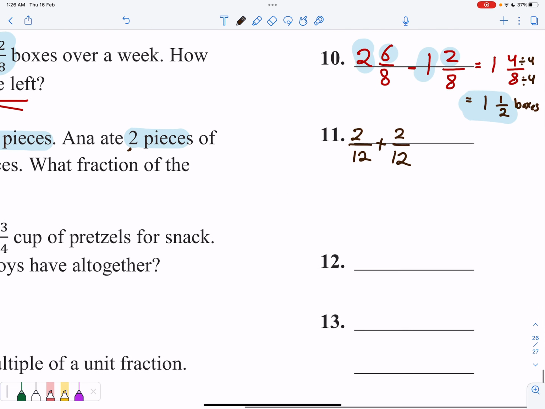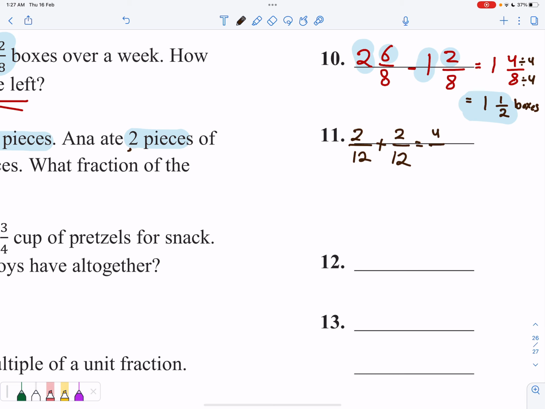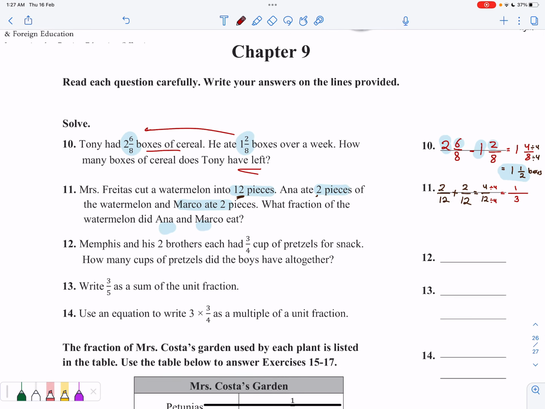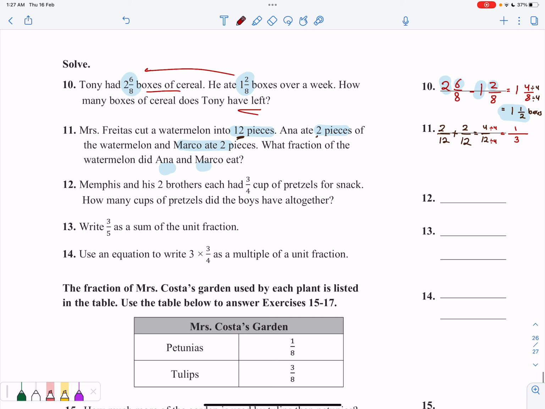So let's add these together. 2 plus 2 equals 4 over the same denominator, which is 12. Now 4 and 12, we can simplify that if we divide up and down over 4. So 4 divided by 4 equals 1 and 12 divided by 4 equals 3. So 1 over 3 is how much Marco and Anna ate together of the watermelon.